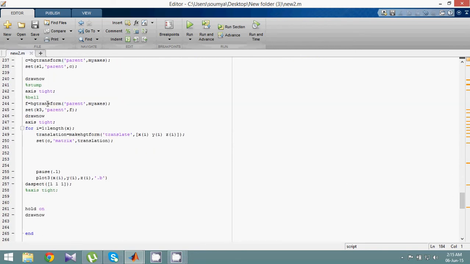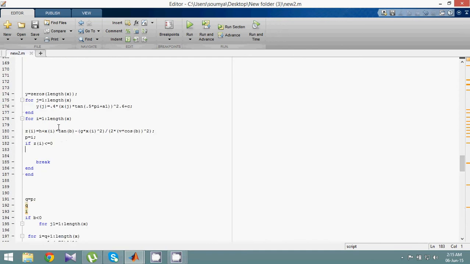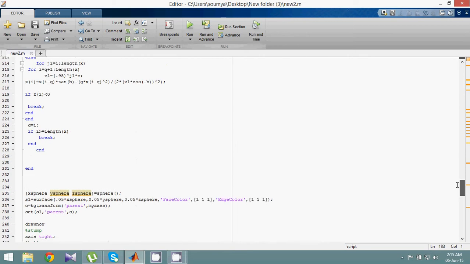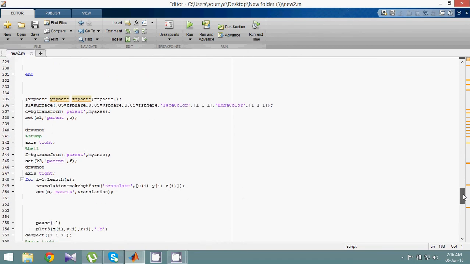And then I have another thing to show. That's v times 0.95 times j to the power 1.1, which means that when the ball bounces, it's going to decrease the speed to 95%, right? That's why I use this after the first bounce.